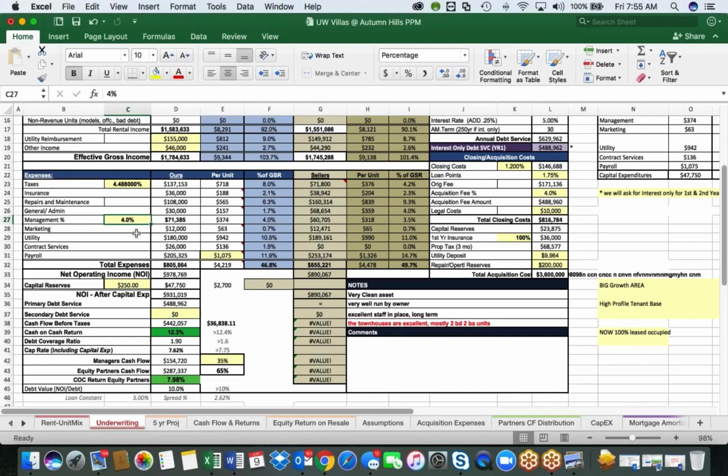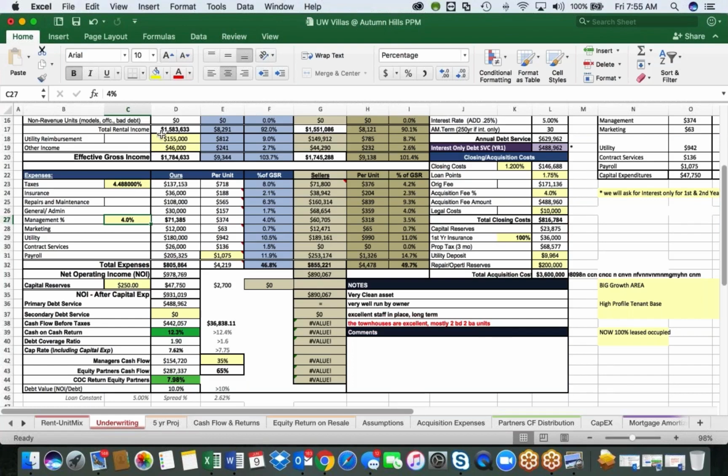Like in our company, we manage ourselves, so we are able to cut the fee down to 4%, and sometimes it's 5, sometimes 6%, but you've got to look at that, right? So the taxes mill rate, the management percentage, and the capital reserve are the three things we can change over here.